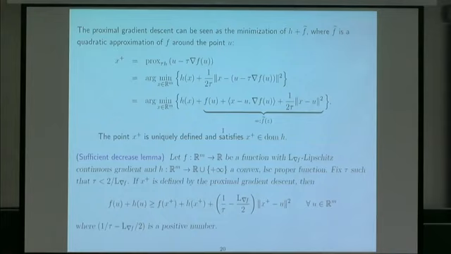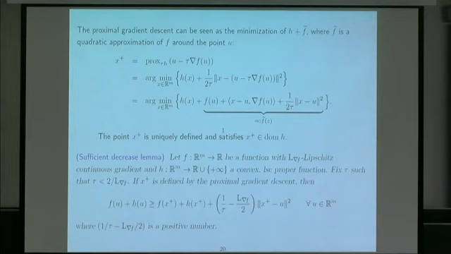This is quite useful for a better understanding of the algorithm, and from here we can clearly see that the point x plus will always be defined and always belongs to the domain of h. And our iterations were very similar.